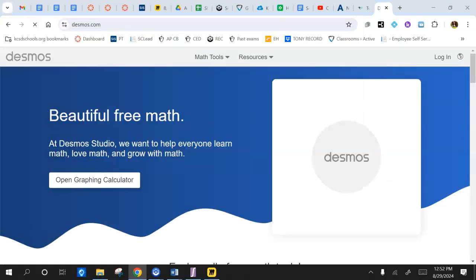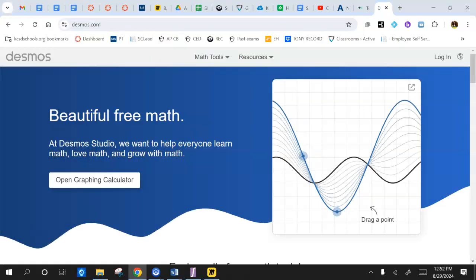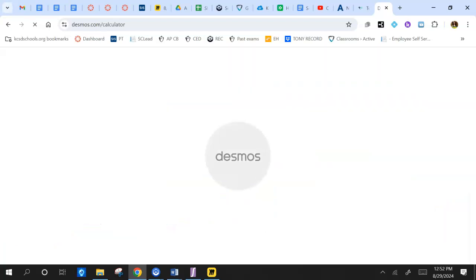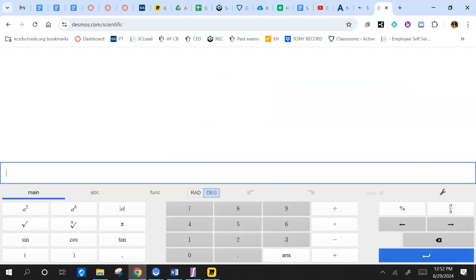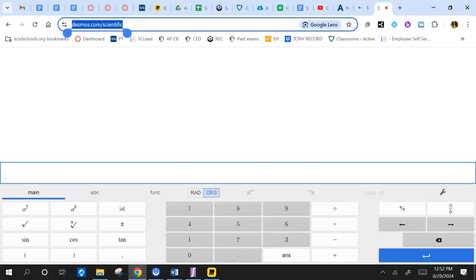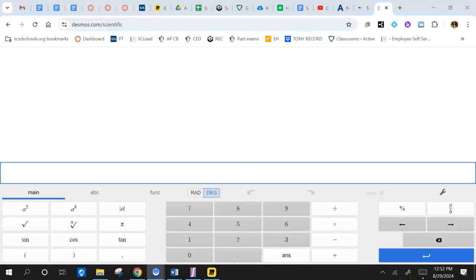Go to Desmos. Desmos.com/scientific. Go to that. You can use the graphing one. That's fine. You'd rather me do the other one?